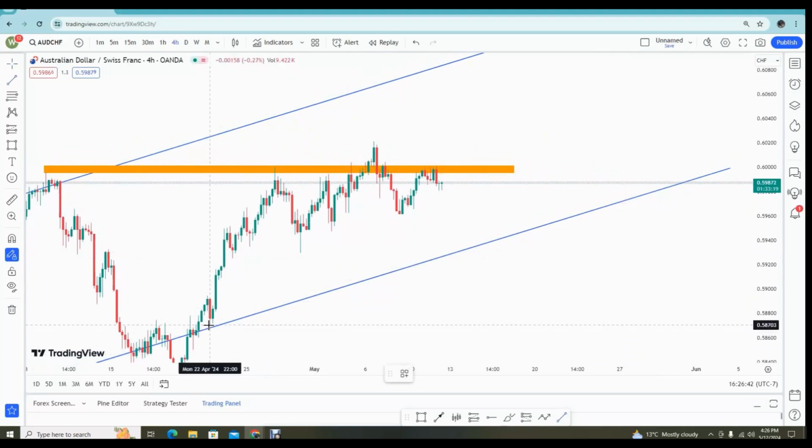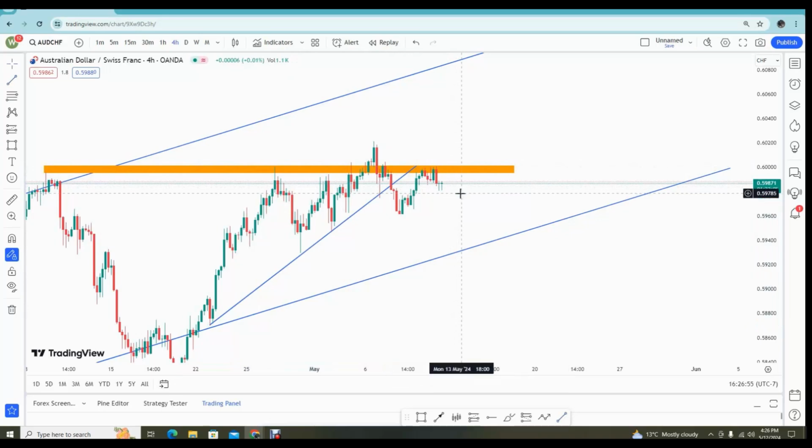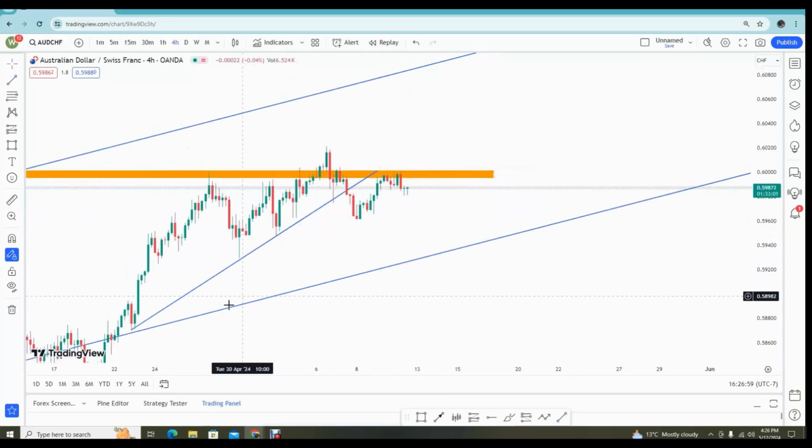From this point of the daily trend line, the market has been going up this way. I hope you can see clearly that the market's been going up this way from the daily trend line.